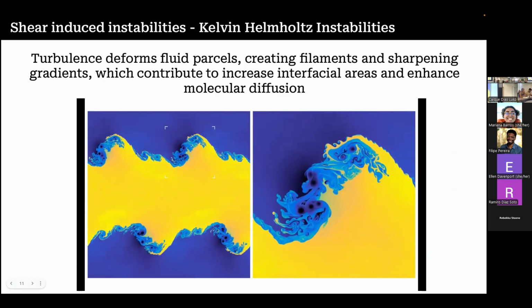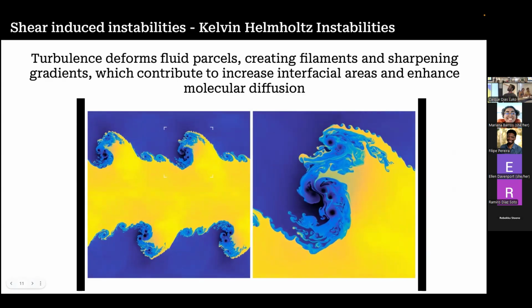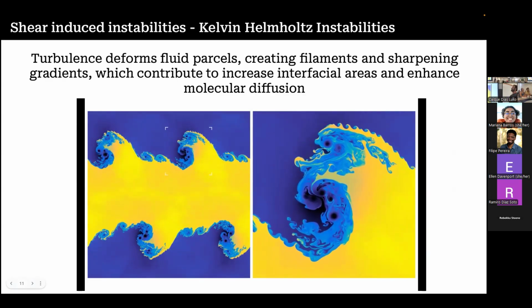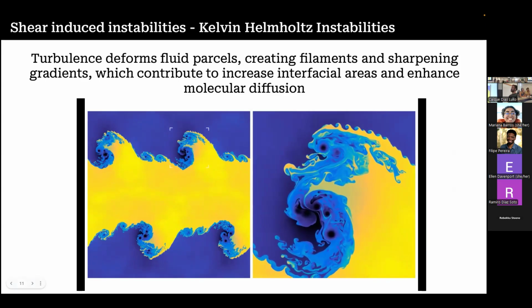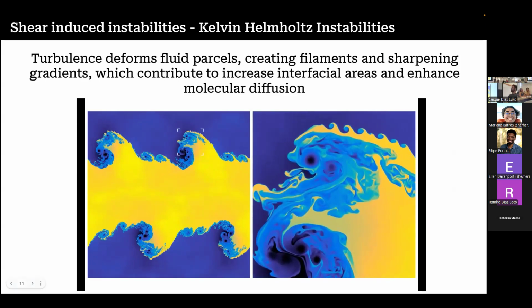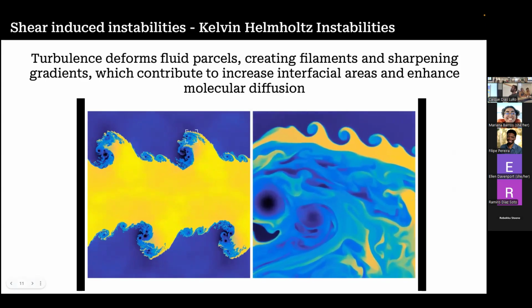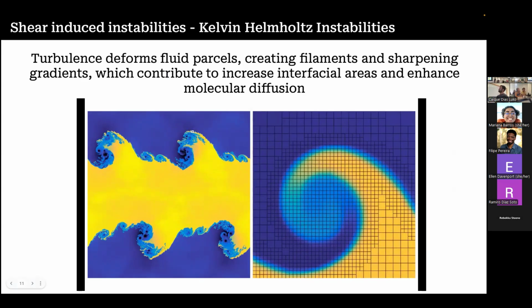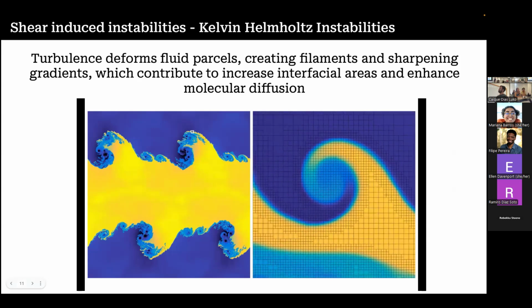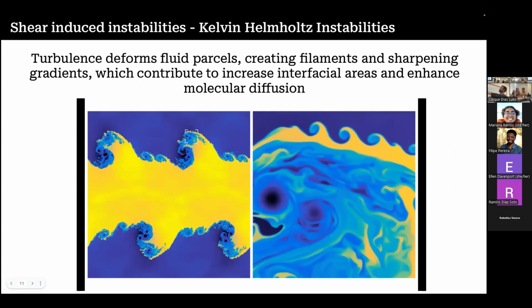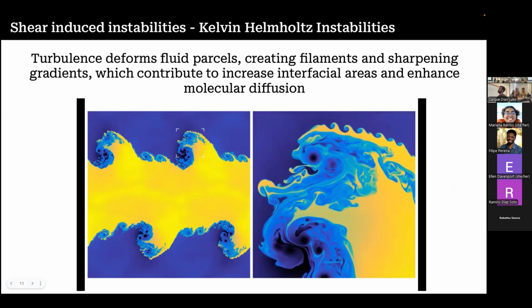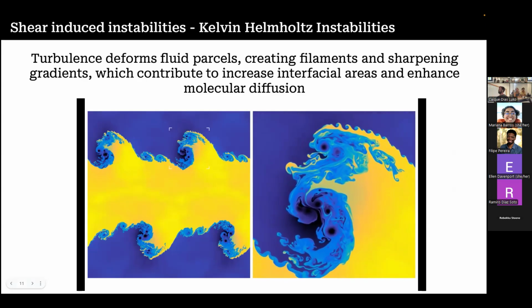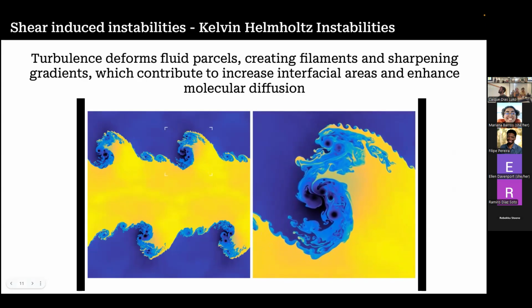We can see that there are lots of overturns, and inside the overturns, there are other overturns. There's a cascade of smaller eddies coming, smaller eddies down to the grid scale. So it's a really small scale process. And you can really see that all this shearing creates a lot of surface interfacial area that molecular diffusion can act on.